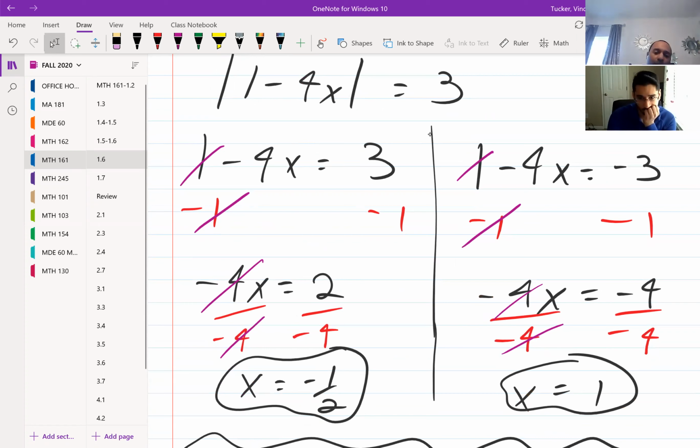Divide by that negative 4, and we'll have x equal to negative 1/2, and x equal to 1. All right. Questions? Any questions?